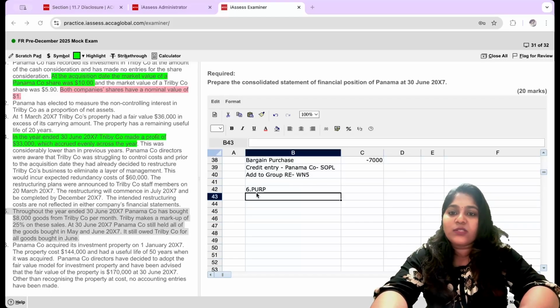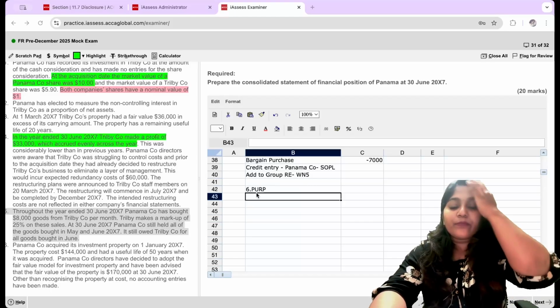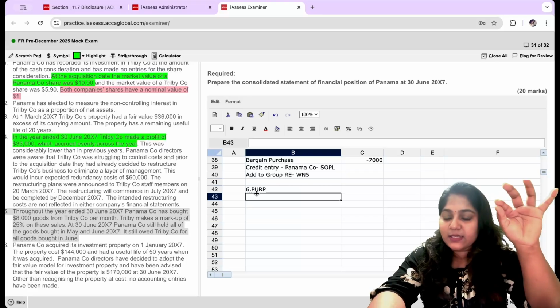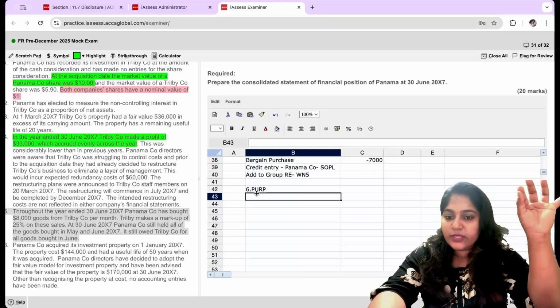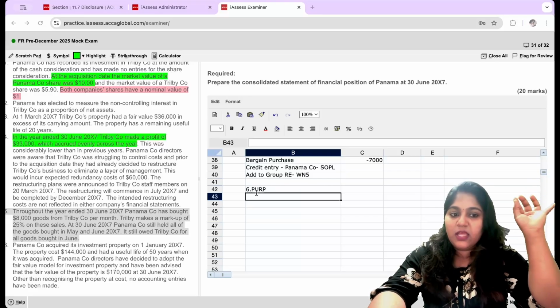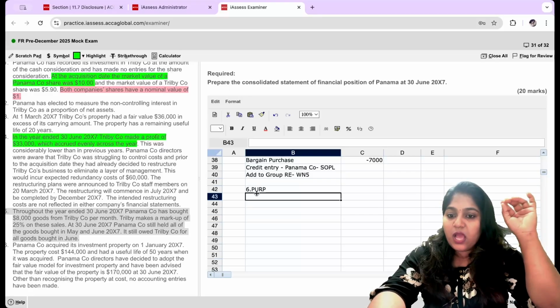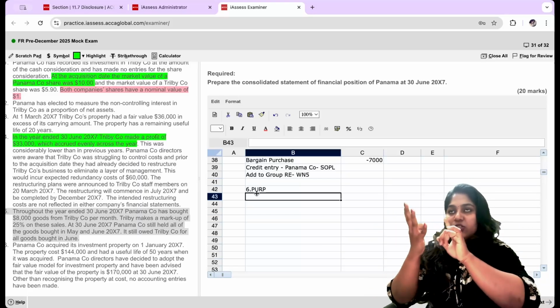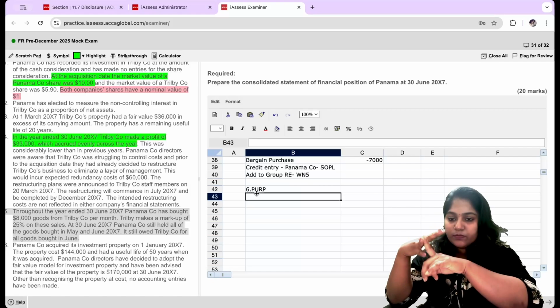Now we should know who's selling to whom. Clearly it says throughout the year ended 30th June X7, Panama company has bought $8,000 goods from Triply company per month. That means there has been an intra-group sale in March, April, May, June. Correct.